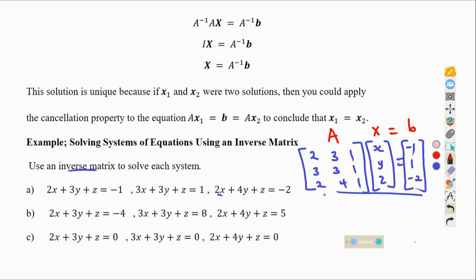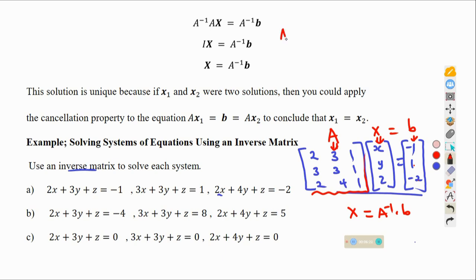So if that is the case, then remember that the solution to this system will be given by X, which is equal to A inverse times B. So what are we interested in? We shall be interested in getting the inverse of this matrix here, that is matrix A. So this one here is representing A, this X is representing the variables x, y, z, and this B is representing this matrix, -1, 1, and -2.